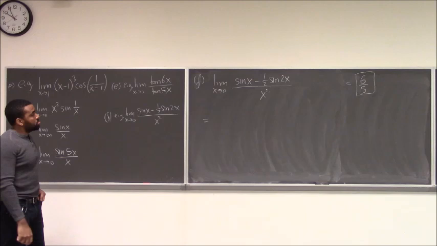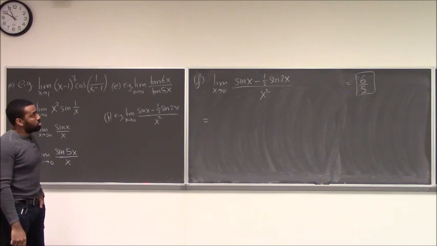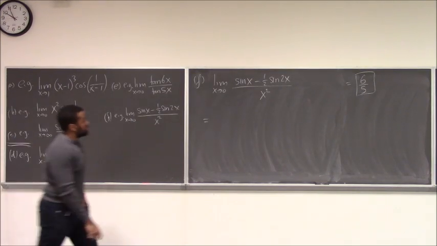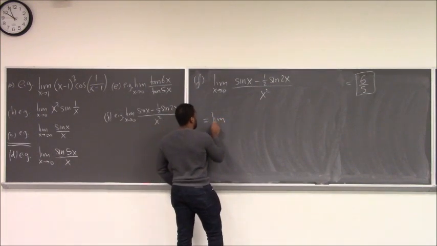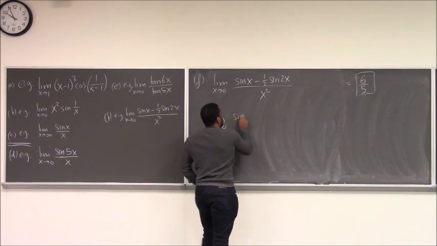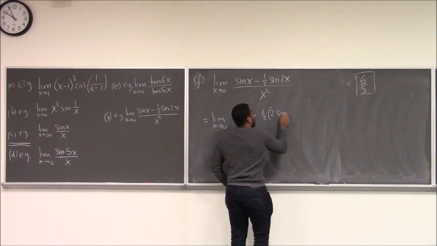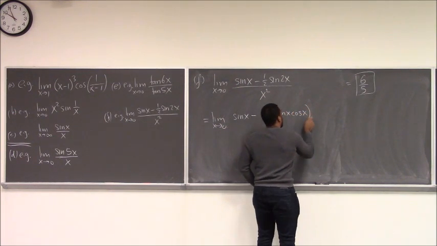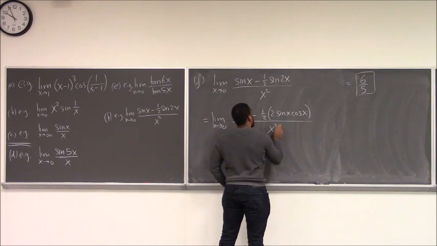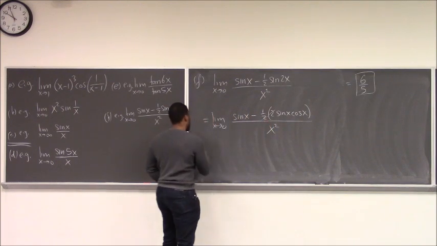First, I used sine 2x is equal to 2 sine x cosine x. Okay, that's the double-angle formula. The 2's will cancel. Then what?